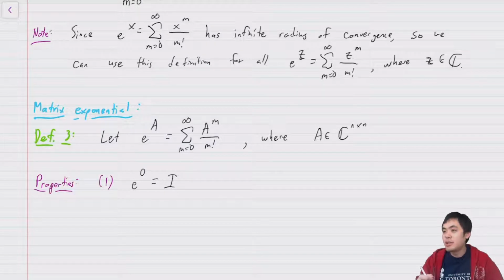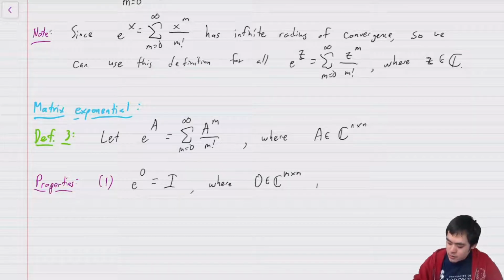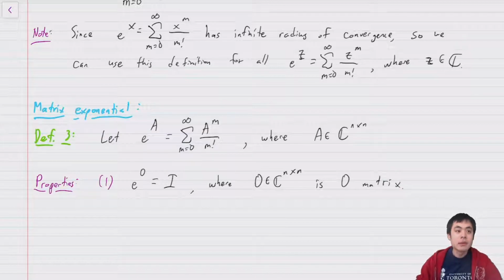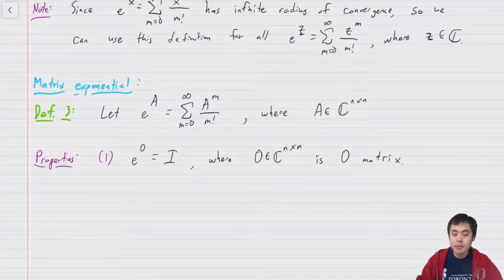Here, e to the 0 matrix, where 0 is the n by n zero matrix, gives you the identity matrix that's also n by n. So that's really the equivalent property saying that e to the 0 is equal to 1.